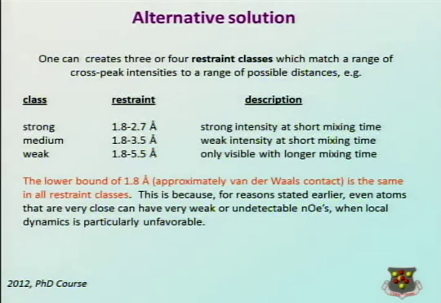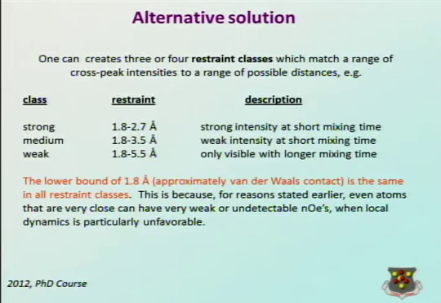There's an alternative solution that is less labor intensive. You just categorize your peaks depending on the intensity into strong peaks, medium peaks, or weak peaks, and you allow an upper distance limit that depends on the class. So you don't have to think very much. You say if my peak intensity is larger than 500,000, then it's a strong peak.